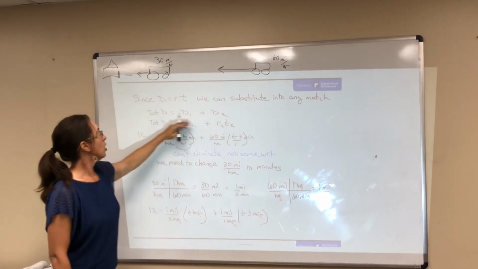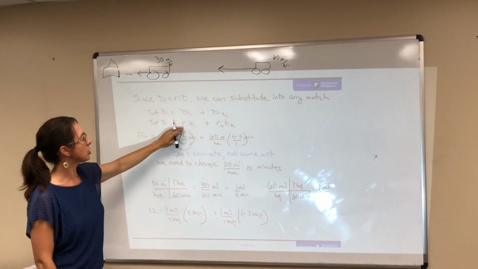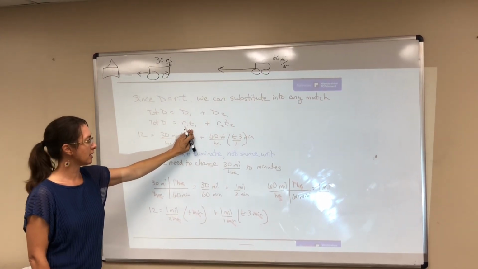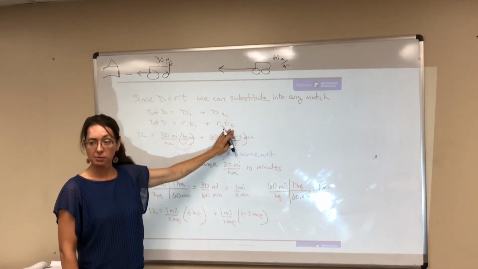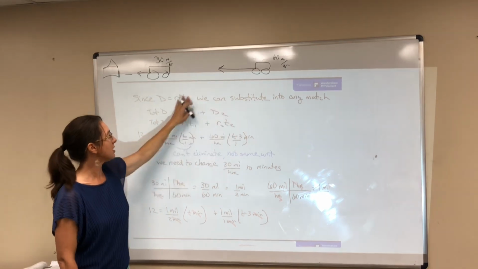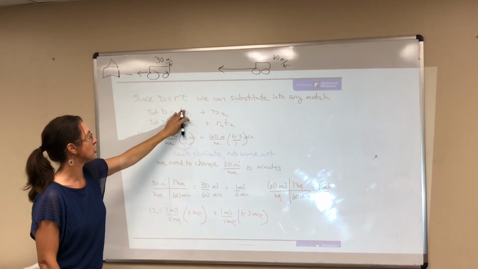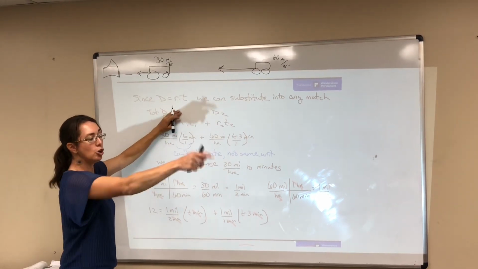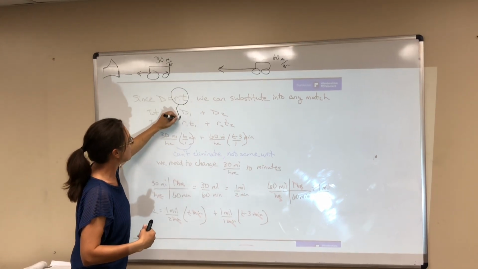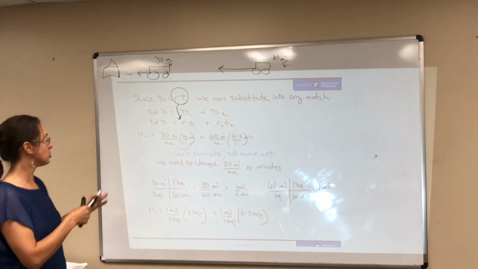Which means our total distance is the rate of the first truck times the time of the first truck plus the rate of the second truck times the time of the second truck. So all we've done is substitute. Total distance was you plus me, and now we've substituted these in for distance.